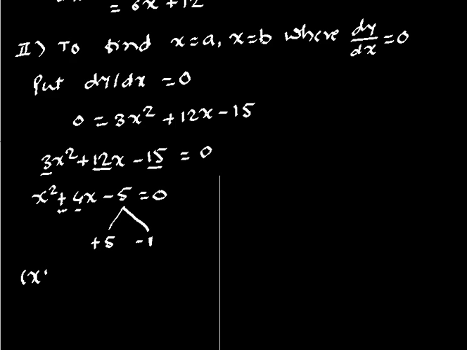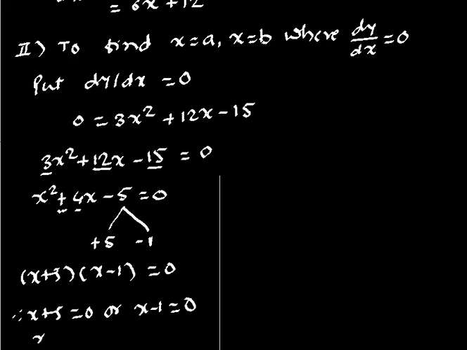So it comes out to be x plus 5, x minus 1 is equal to 0. So x plus 5 is equal to 0, or x minus 1 is equal to 0. So x is minus 5 and x is 1. So these are the 2 points at which the slope of tangent to the curve is 0.